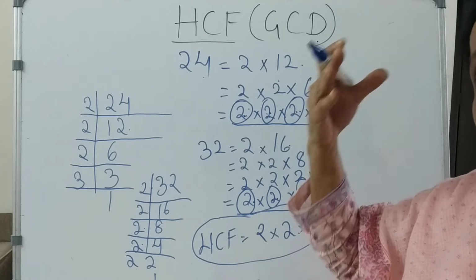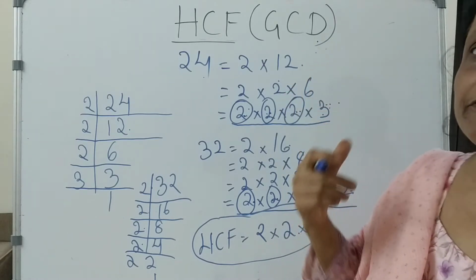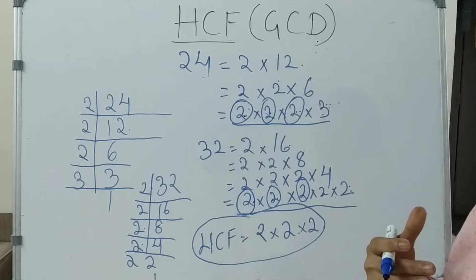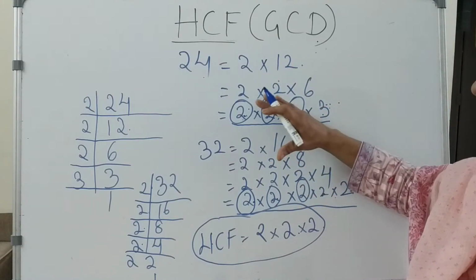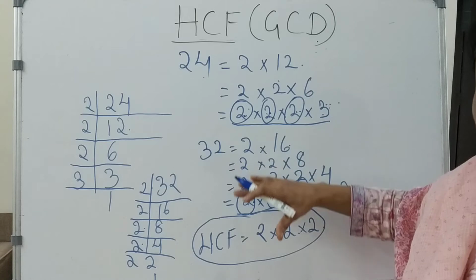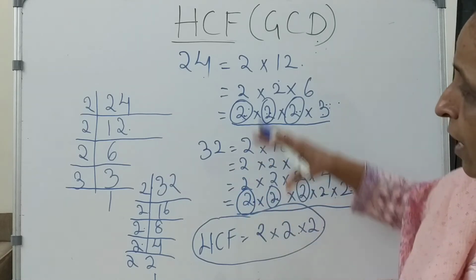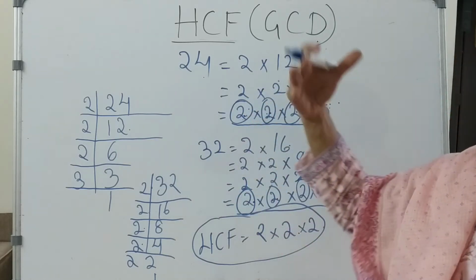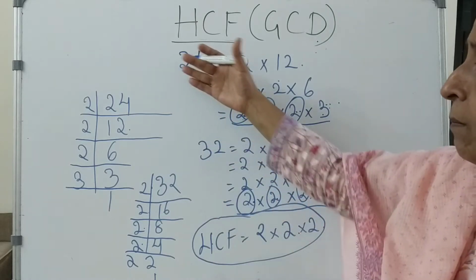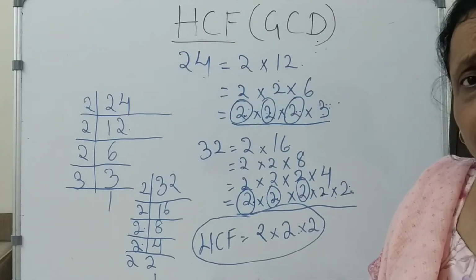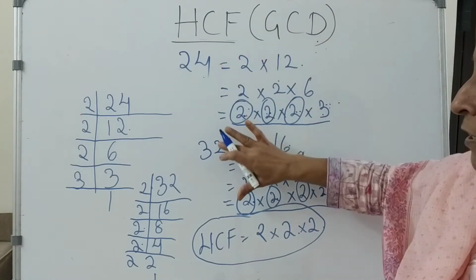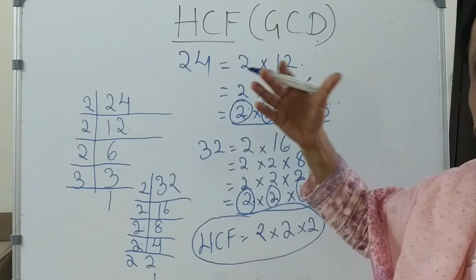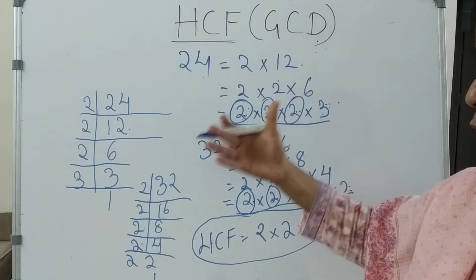You have to learn the tables up till at least 25 so that they become easier. So the concept is very easy. Here you just have to take the numbers which are common in both. There might be three numbers, 4, 5 where you have to take out the HCF. But if you have understood at this stage, you can do similarly for more numbers.